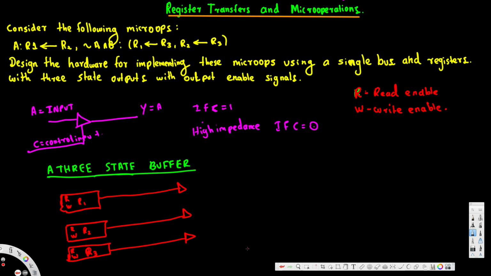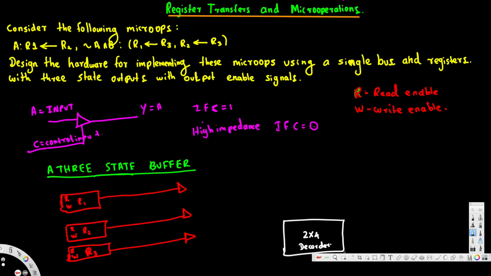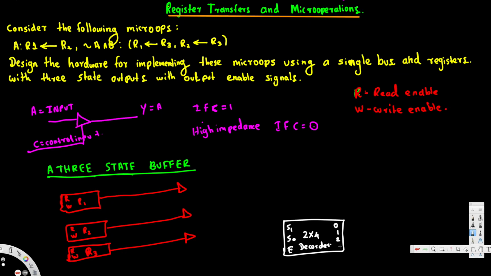And here we are going to connect everything to a decoder. Let's put the decoder somewhere here. Okay, this is a 2x4 decoder. Here we will have S1, S0, and E. And here we will have 0, 1, 2, 3.